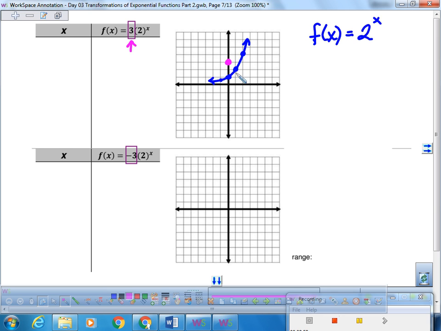So 3 times 2 is 6. So over 1 up 1, 2, 3, 4, 5, 6. And instead of over 2 up 4, I'm going to go 3 times that, which would be 12. Make sense? So over 2 up way up there.